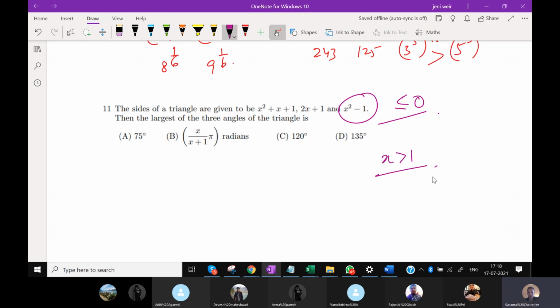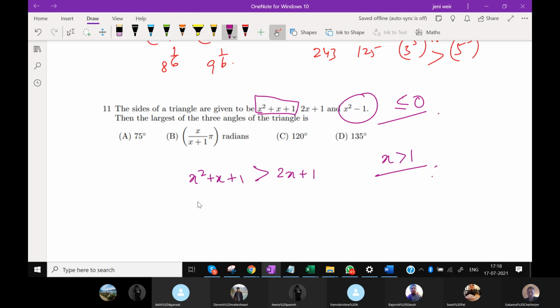So if x is greater than 1, then x square plus x plus 1 will always be greater than x square minus 1, and will always be greater than 2x plus 1, right? x square plus x plus 1 has to be greater than 2x plus 1 if x is greater than 1.